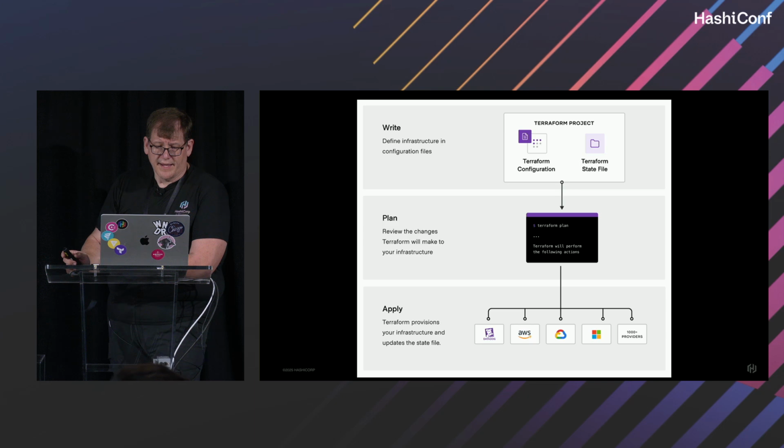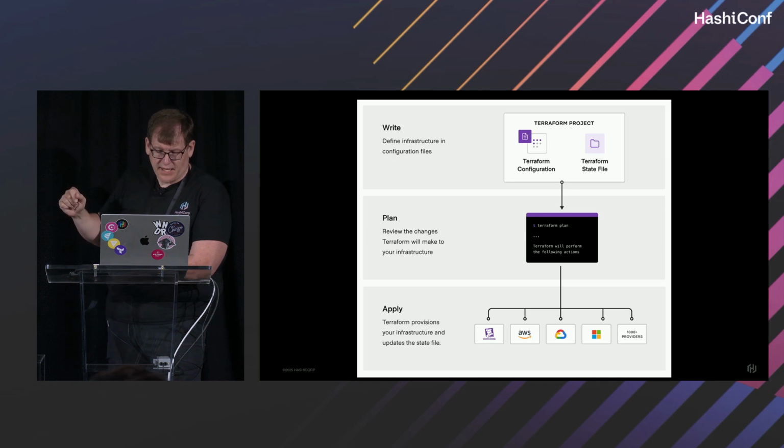Let's see. And here's the Terraform workflow, right? The first thing you'll do is create a file written in HashiCorp Configuration Language. You'll hear us say HCL. It defines an infrastructure, and this is usually what we refer to as a configuration file.